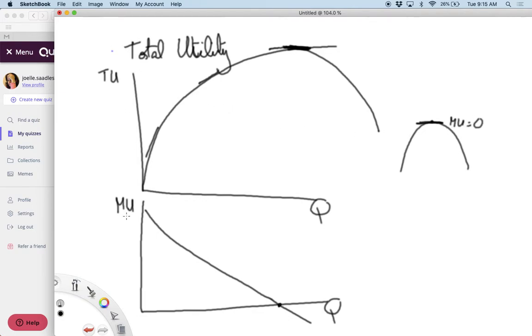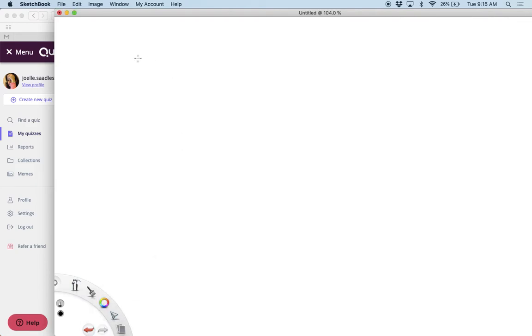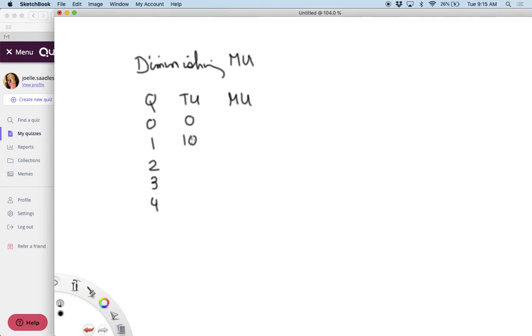Having said that, we're saying there's diminishing marginal utility. The way we would see that is if I have quantity, total utility, and marginal utility. Here are some sample numbers. Total utility is 0, then 10, then 18, then 24, then 26.